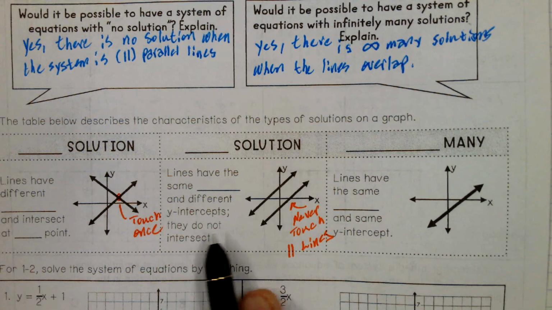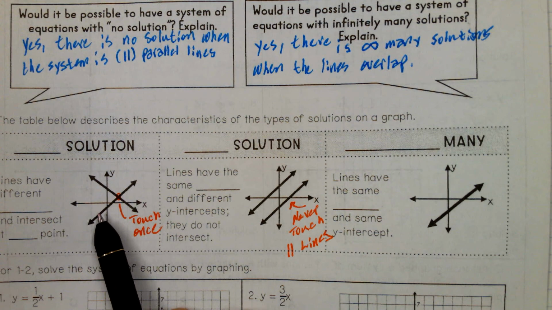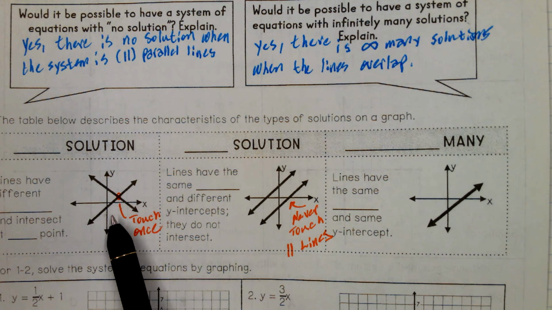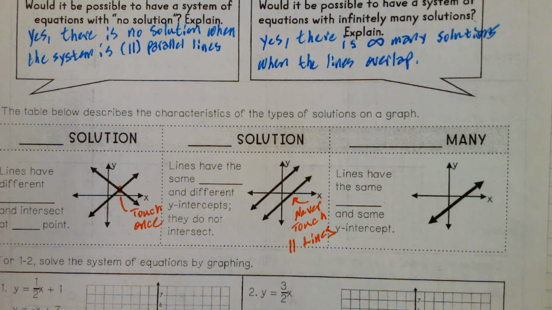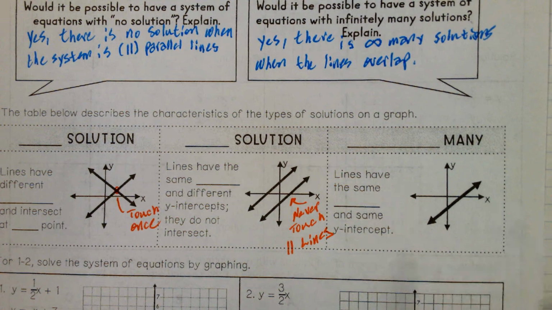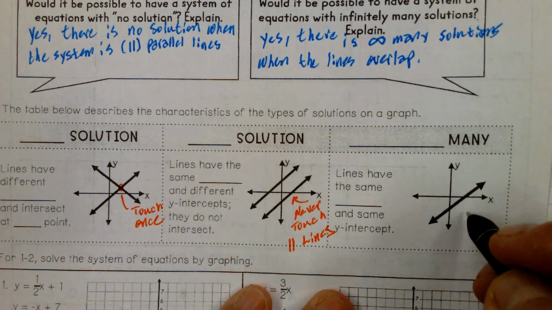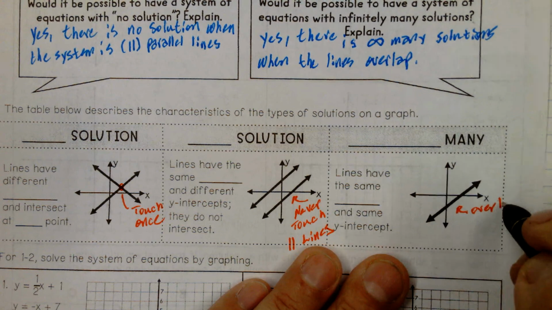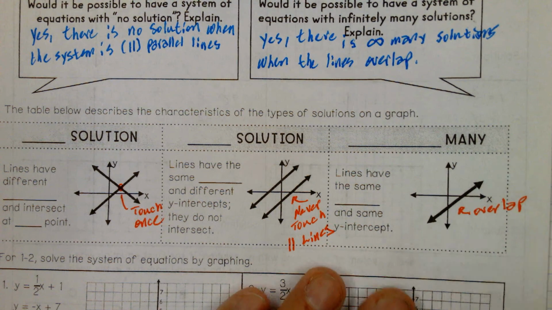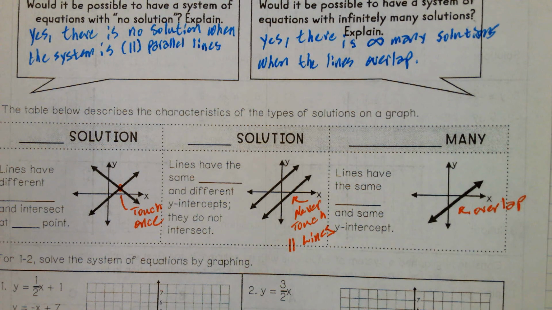So go ahead and write that. Touch once. Most of the time, almost 100%, this is what's going to happen. Every so often, the two equations will represent parallel lines. So they have no solution. And again, every so often, the lines overlap. And that means there's infinitely many solutions.